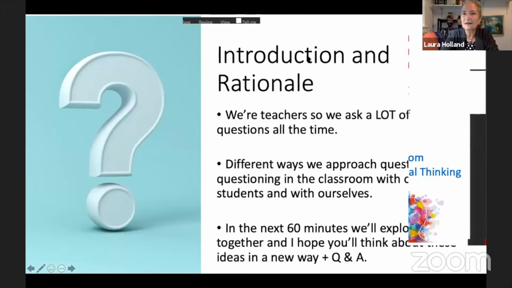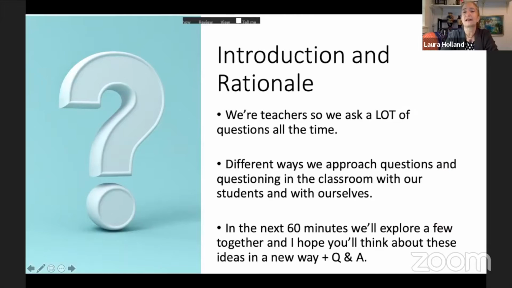Let's talk a little bit for a minute. I would like to just introduce and give you my rationale for why we are talking about this. So questions and questioning, right? We're teachers, so we ask a lot of questions all the time, right? All the time to our students. And there are different ways that we approach questions and questioning in our classrooms with our students, and then again with ourselves too.